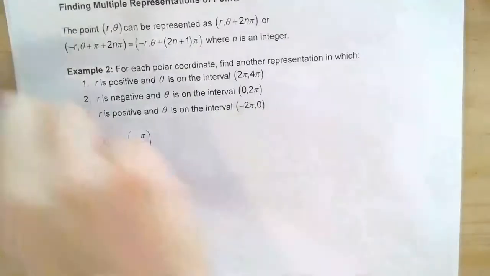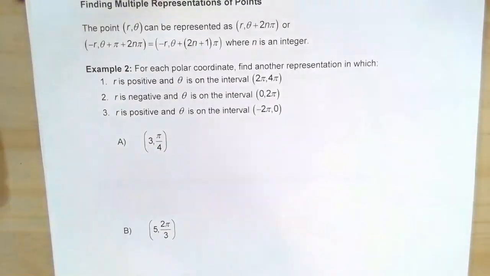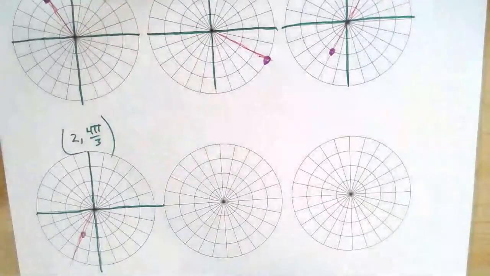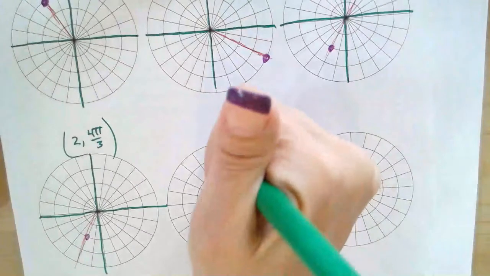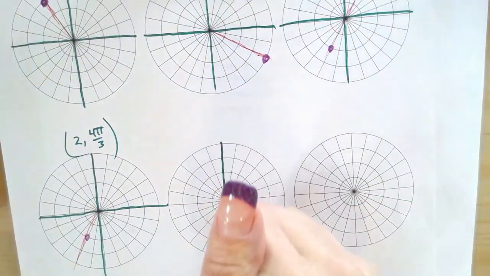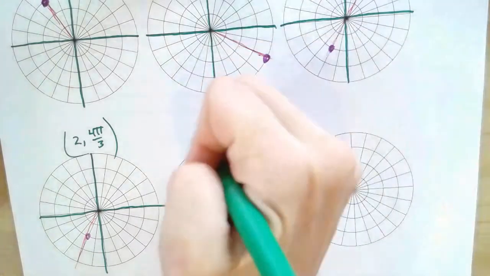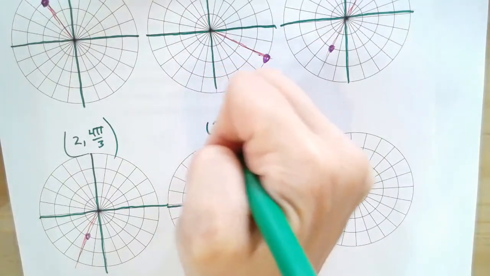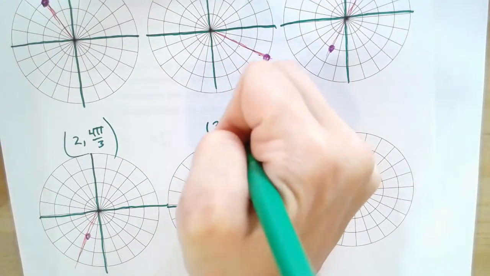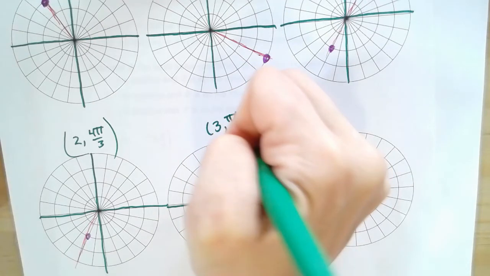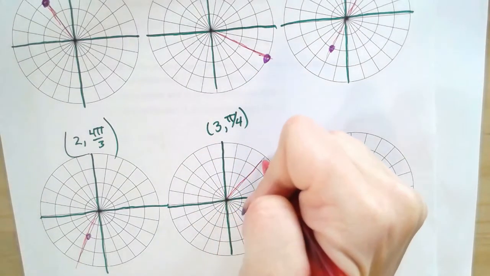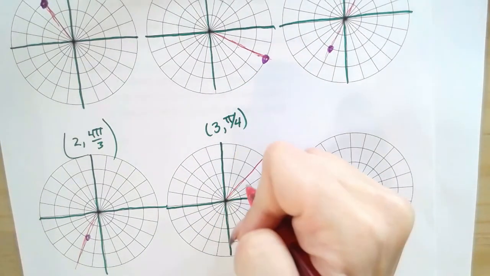So the first thing, guys, I'm going to do is take my graph and actually graph this coordinate out. So we are going to do our r comma theta, and we are doing 3 comma pi over 4. All right, so when I graph this, I go pi over 4, and then I move out 3. 1, 2, 3.